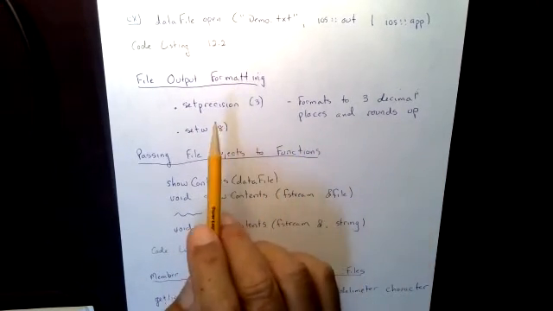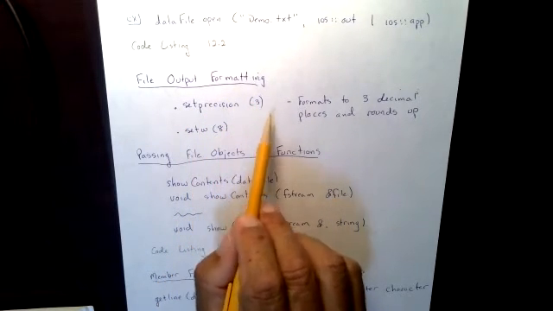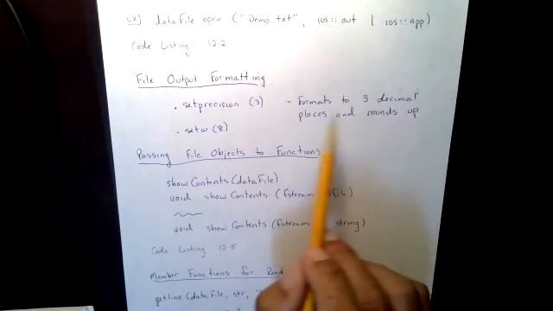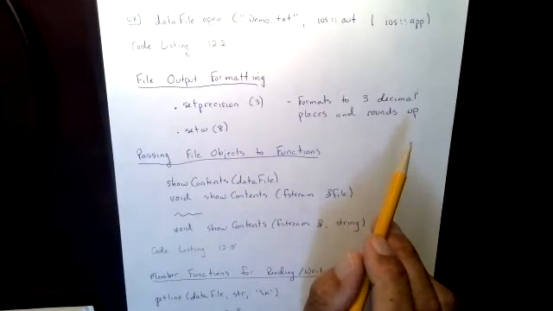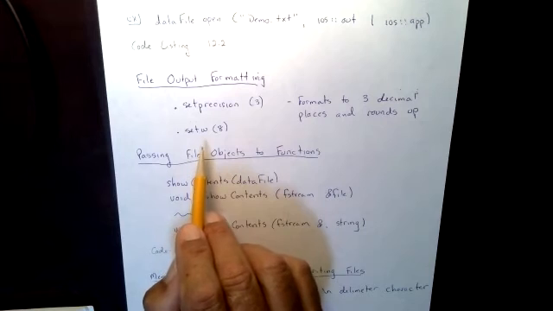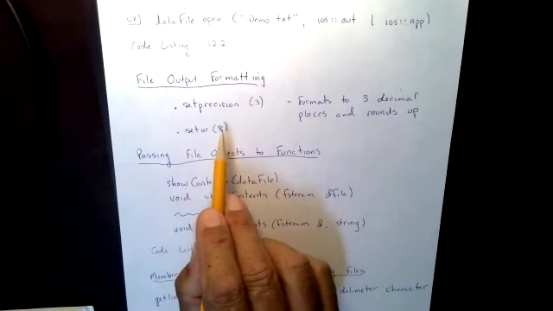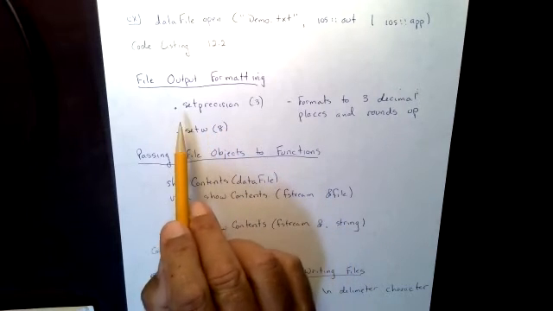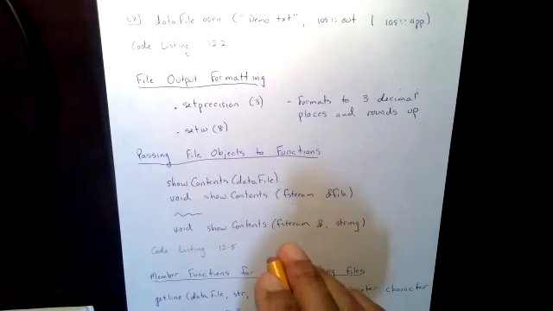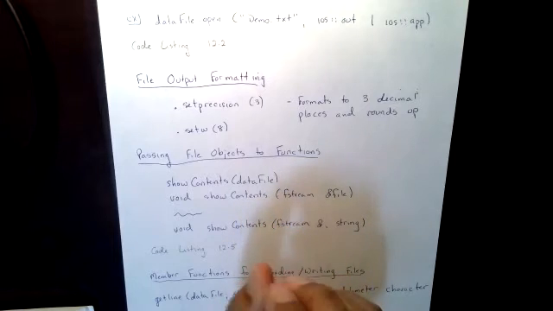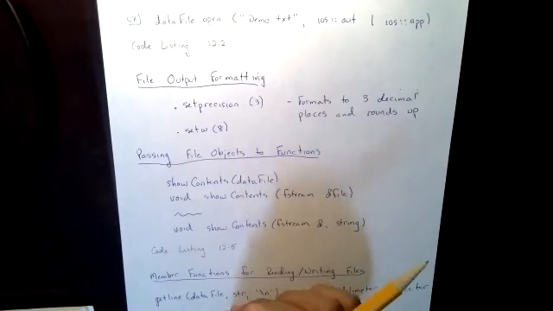Two of the big ones were set precision, where the 3 formats to 3 decimal places, including rounding up, and set width, where we put stuff in a field of size 8, which also right justifies it. So the set precision and set width from chapter 5 come into play here again. You can make your output look nice instead of just one line at a time in that data file, in case you want to print it out.